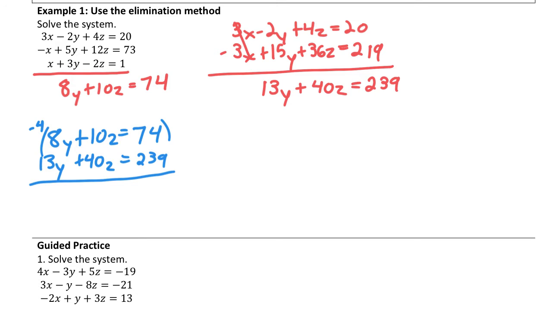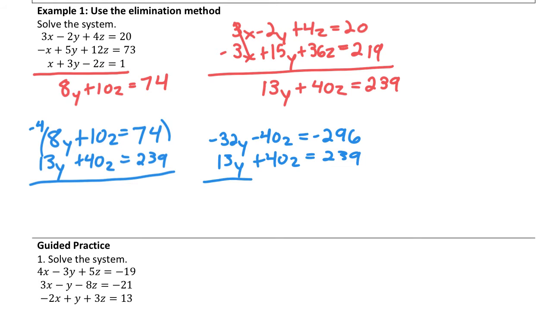So the system becomes negative 32y minus 40z equals 74 times 4, negative 296. And then you've got 13y plus 40z equals 239. So when I add those together, the z's cancel.